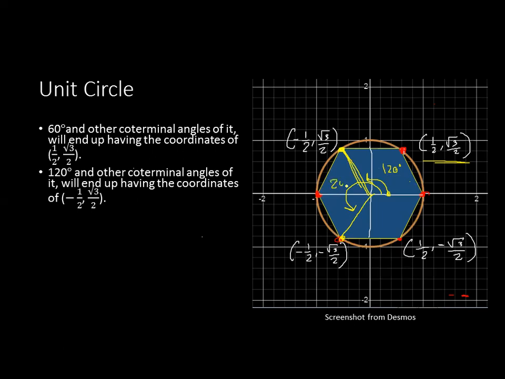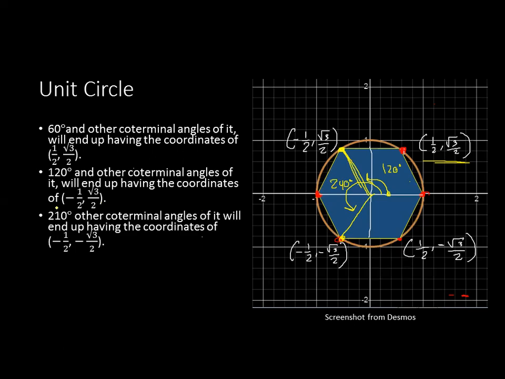So if you have an angle of 240 degrees and other coterminal angles of it, you will end up having the coordinates of negative 1/2 and negative square root of 3 all over 2. This is 240 degrees, not 210.